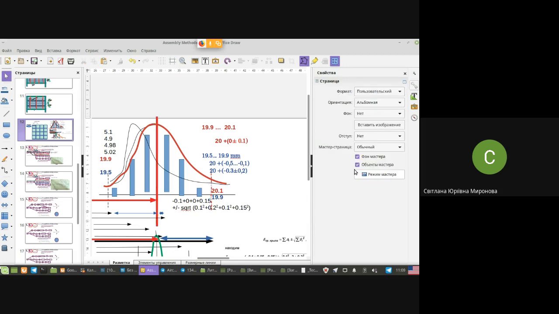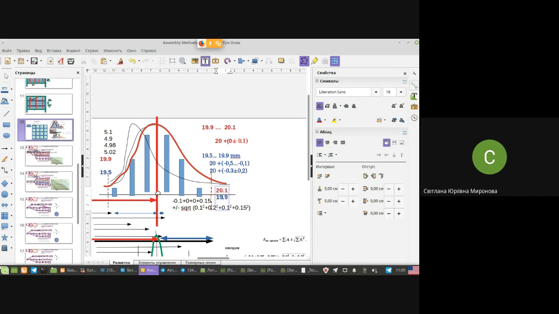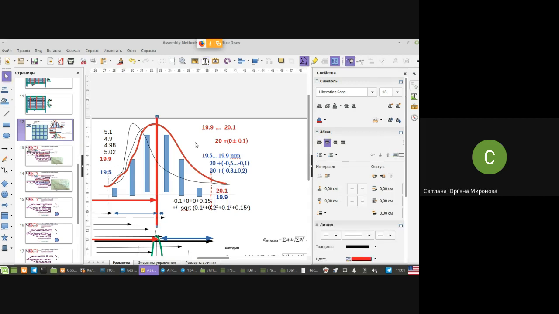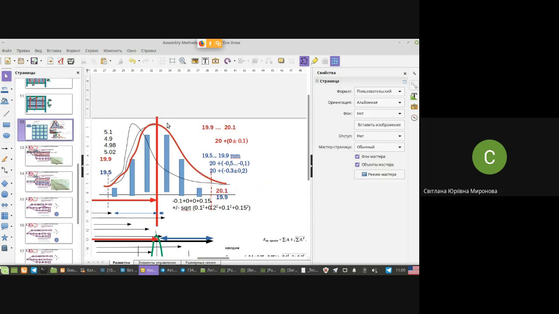How to find the middle? This line. How to find the coordinate of this line? If it was symmetrical like this, 19.9, 20.1. In red color, it was 0.